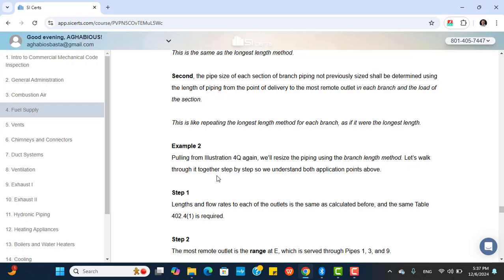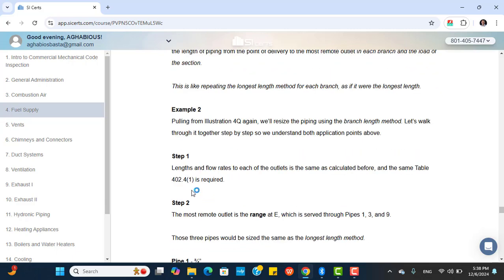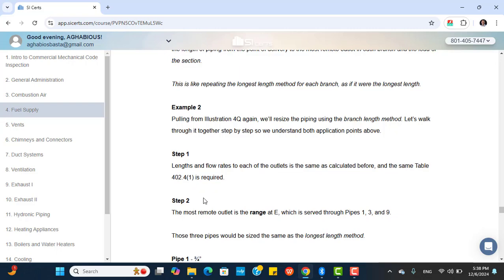Again, we will resize the piping using the branch length method. Let's walk through it together step by step so we understand both application points above. Step 1, lengths and flow rates to each of the outlets are the same as calculated before, and the same Table 402.4.1 is required.